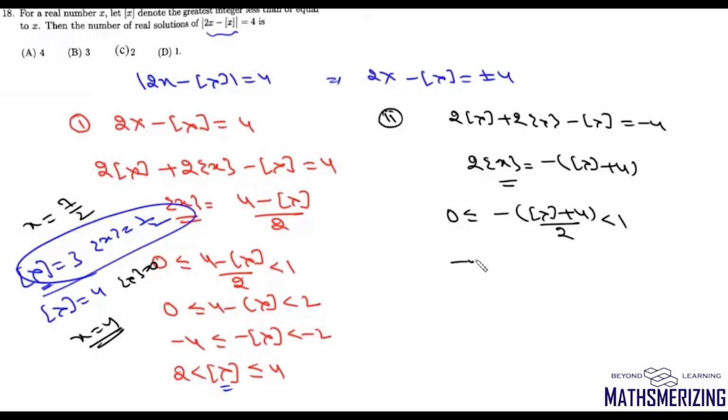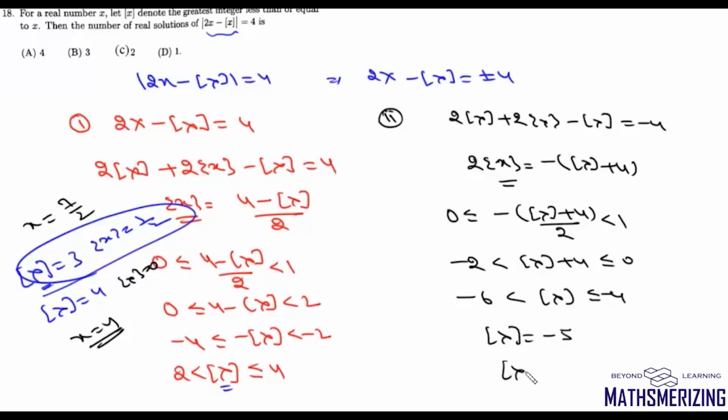So we can write minus 2 is less than greatest integer function of x plus 4, less than or equal to 0. So here we'll get minus 6 is less than greatest integer function of x, less than or equal to minus 4. So the two values of greatest integer function of x possible are minus 4 and minus 5. So we'll get 2 solutions here and 2 solutions there. So the total number of solutions to this equation is 4, and that's option A.